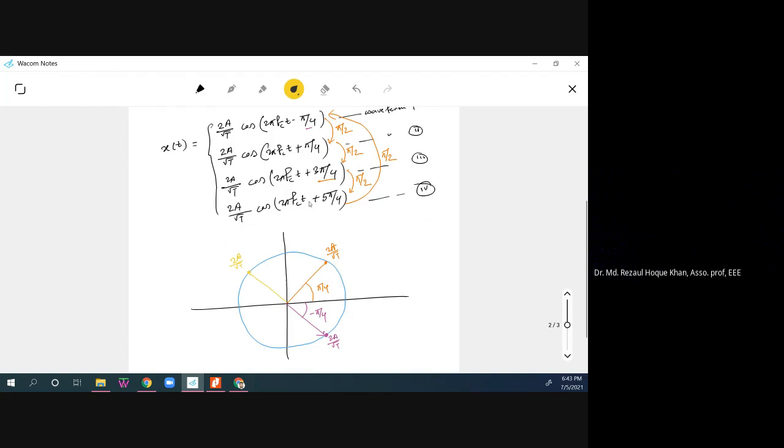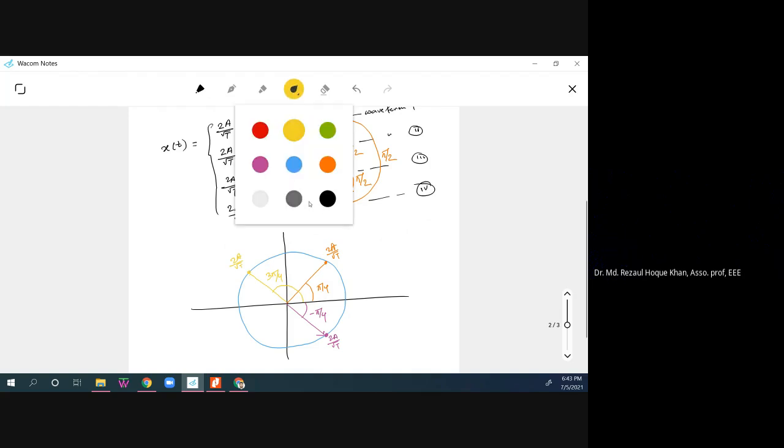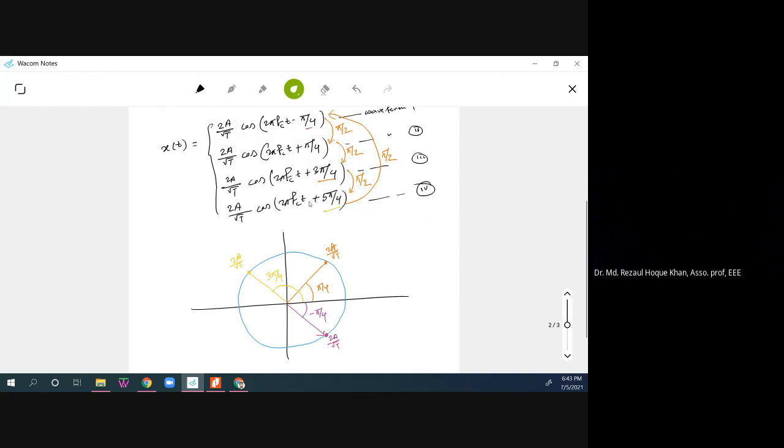The fourth one is 5 pi by 4, which will be somewhere here, again with amplitude twice a by square root of t.